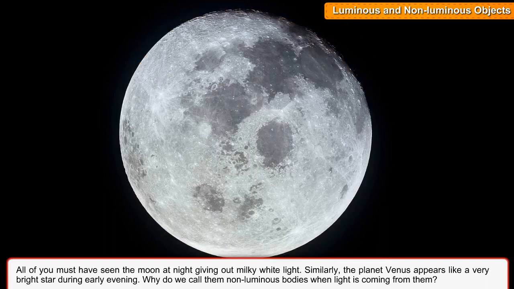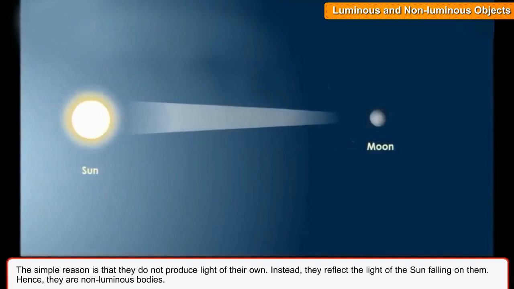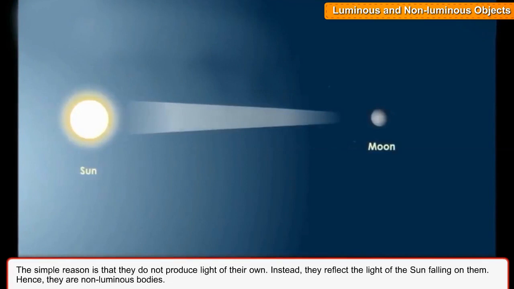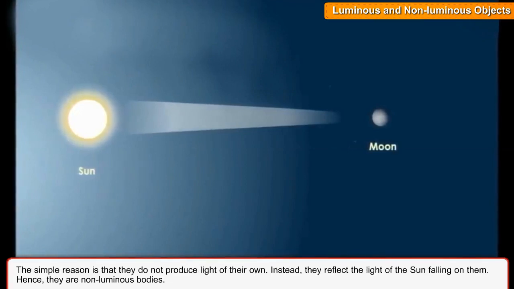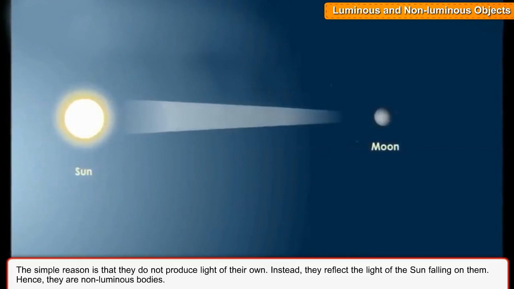Why do we call them non-luminous bodies when light is coming from them? The simple reason is that they do not produce light of their own. Instead, they reflect the light of the sun falling on them. Hence, they are non-luminous bodies.